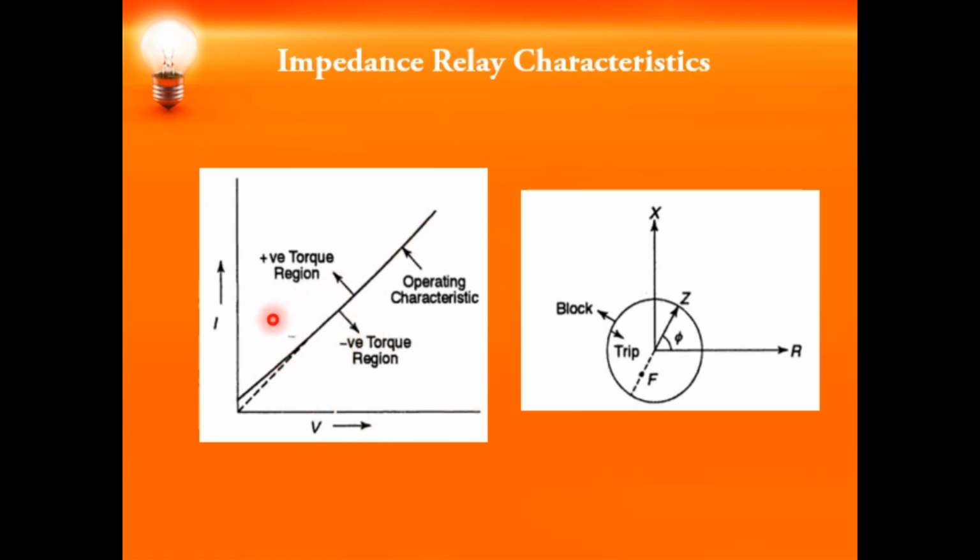So this is in the case of voltage and current. If you observe one more diagram, it is called the RX diagram, with R along the x-axis and X along the y-axis, wherein you can see a circle of radius Z. This Z is equal to K, which is the radius of the circle.